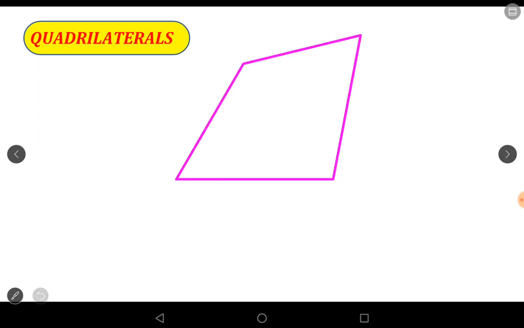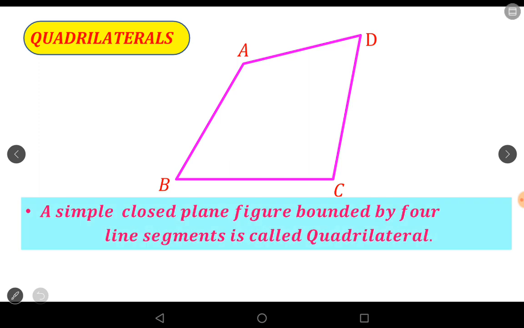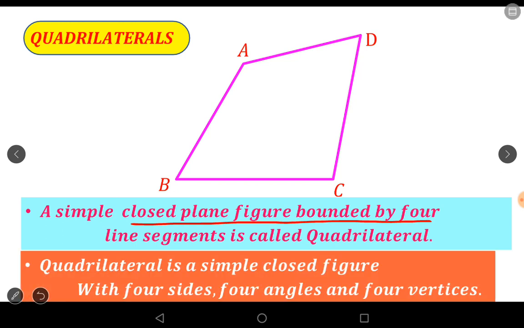This one is a simple closed figure with 4 line segments. A simple closed plane figure bounded by 4 line segments is called a quadrilateral. A quadrilateral is a simple closed figure with 4 sides, 4 angles and 4 vertices.